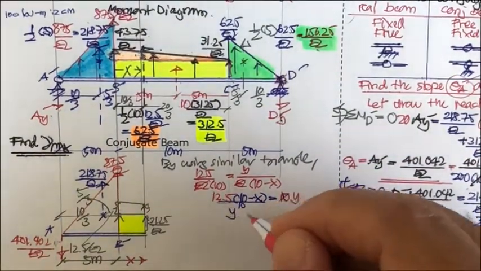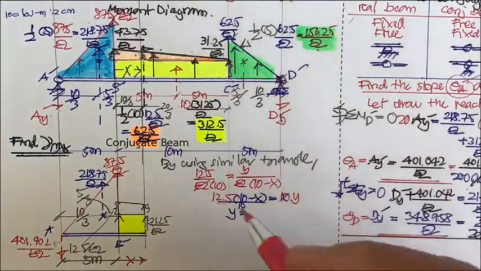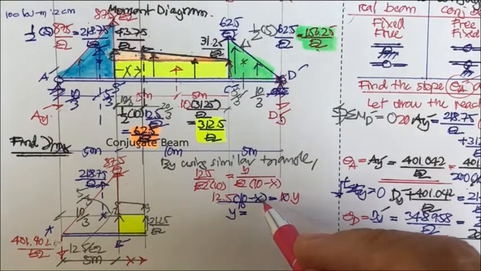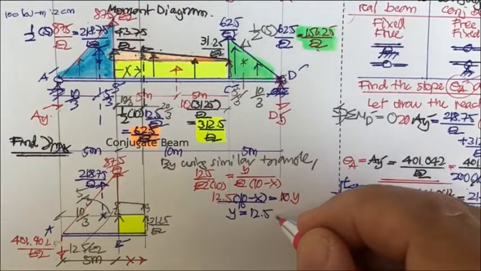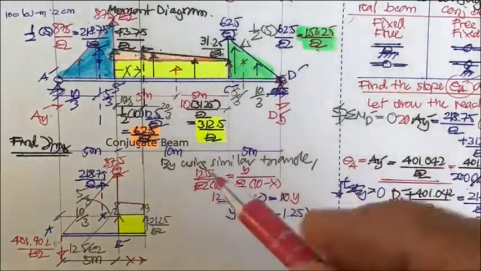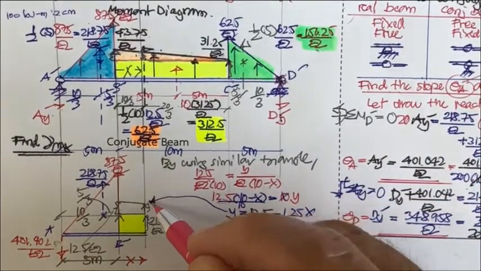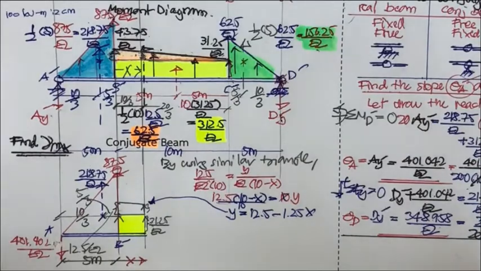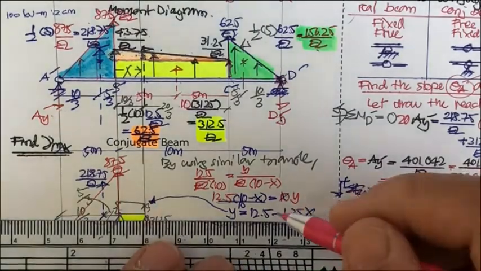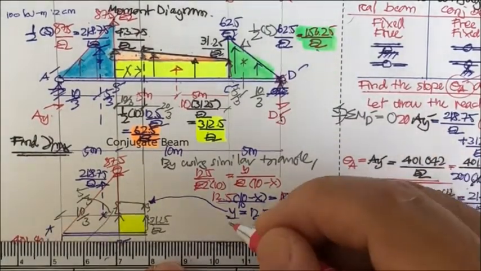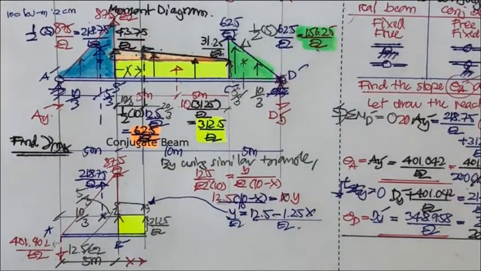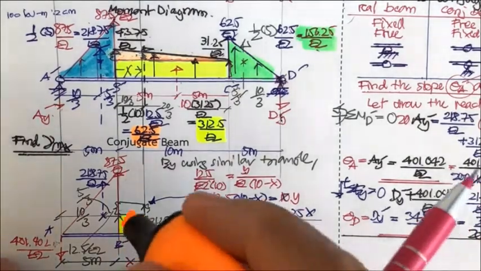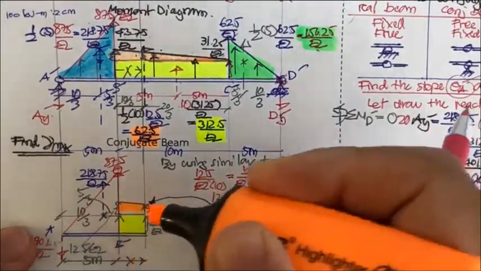So you're going to have y equal to 12.5 minus 1.25x. Okay, and if you like, you divide it by EI to get this. This is going to be the yellow and the orange here.